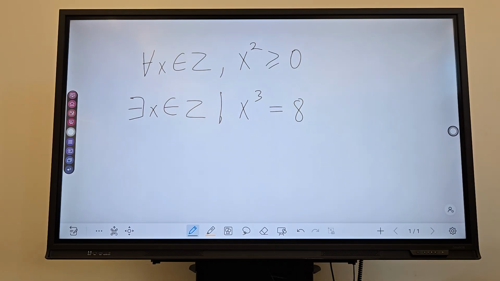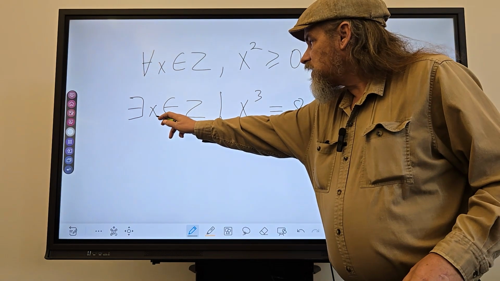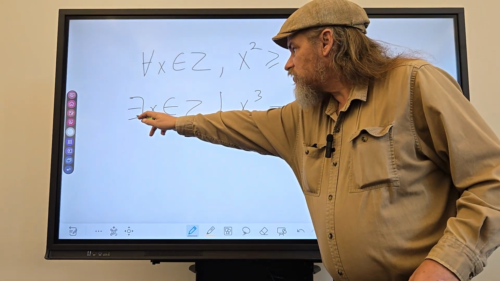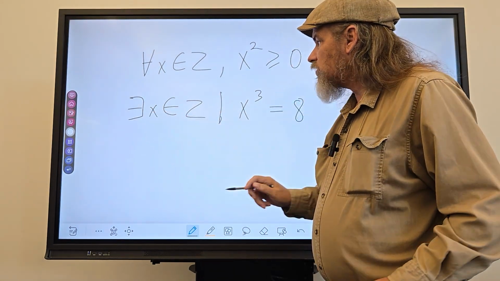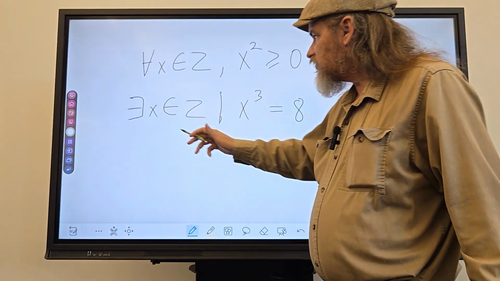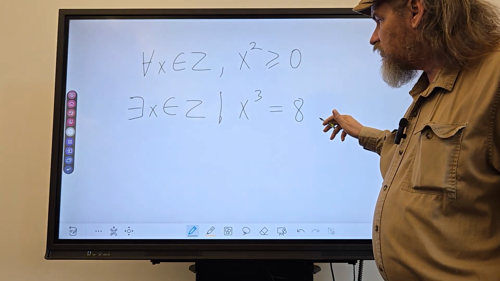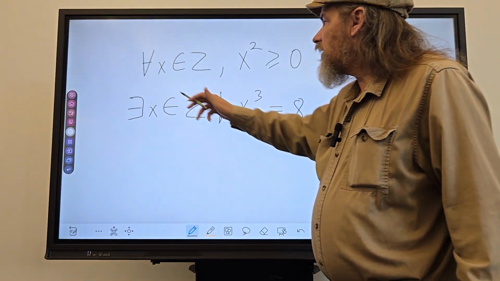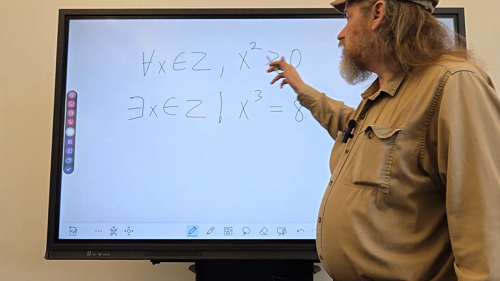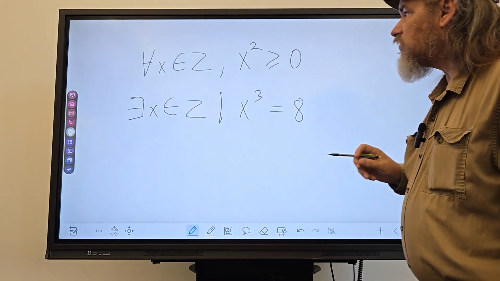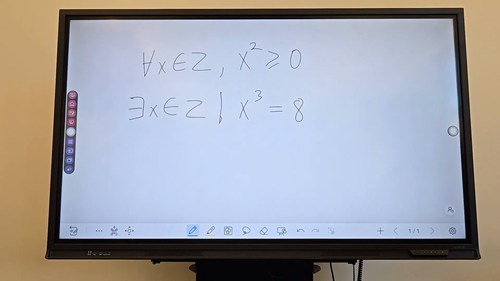The same is true for the quantified statements. x is bound to this existential quantifier for the duration of the statement, and therefore the other statement can exist with a different use of the same variable.